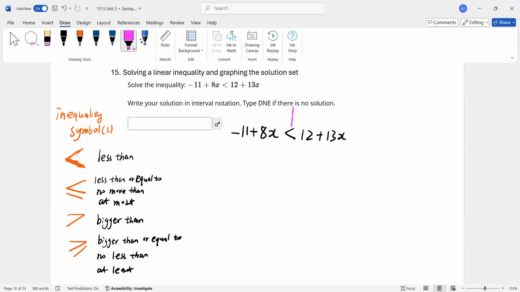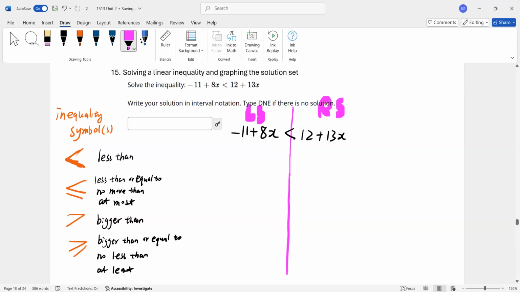As always, I like to separate the inequality into two parts, left side and right side. And my goal here is to isolate the x on the left side. We should always try to isolate the variable x on the left side when we solve an inequality.